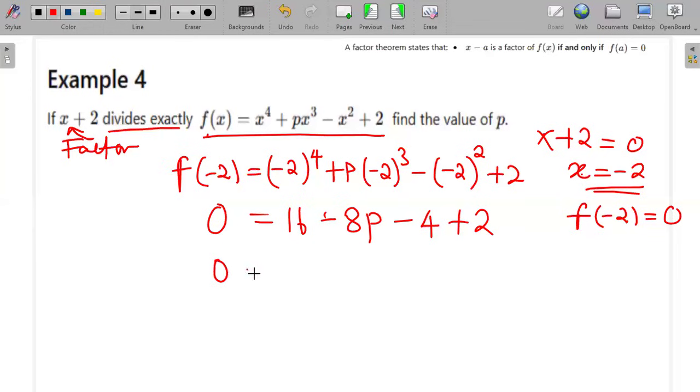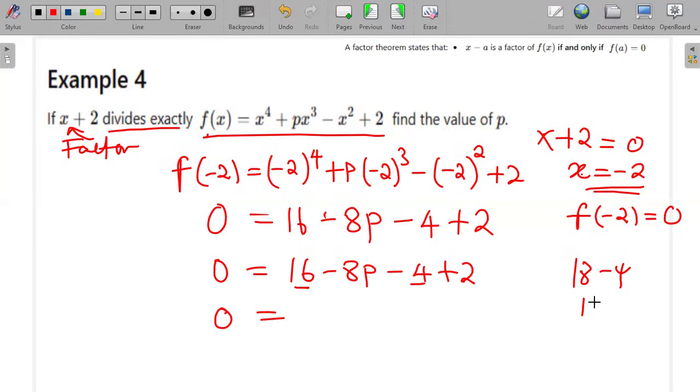So 0 is equal to 16 minus 8p minus 4 plus 2. So this will be 0 is equal to 16 minus 4 plus 2, that's 16 plus 2, which is 18, and minus 4, this will be 14. So I have 14 minus 8p.